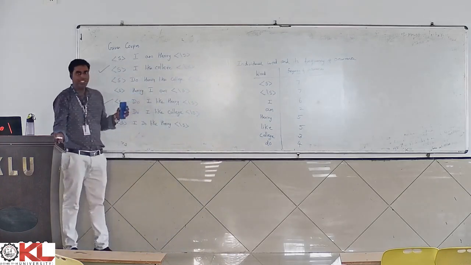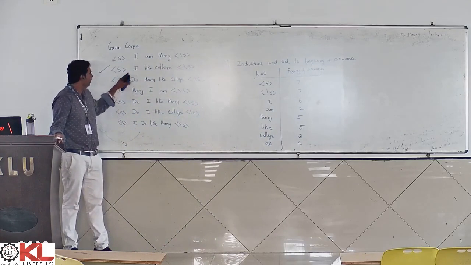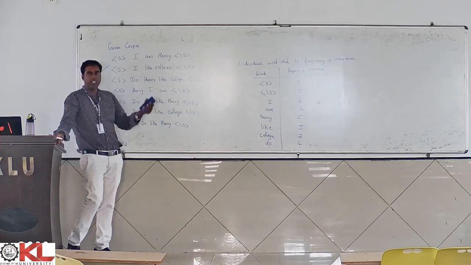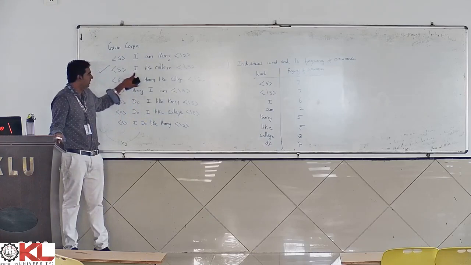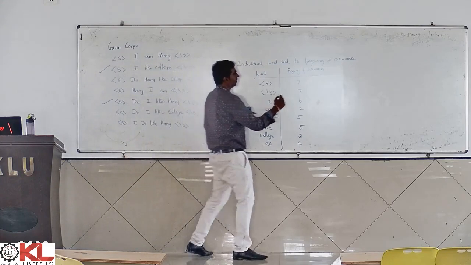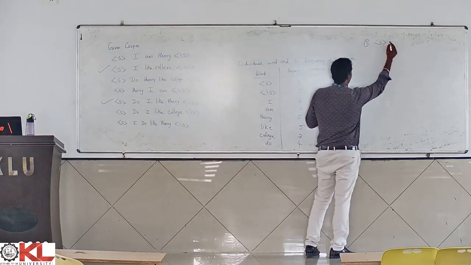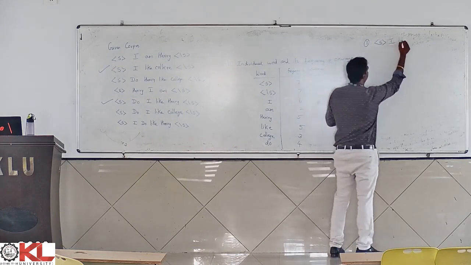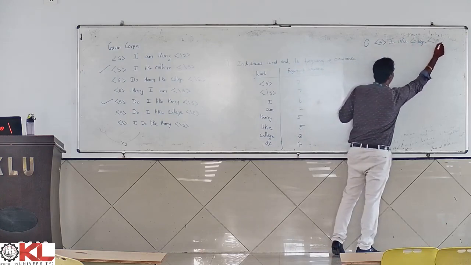So once again I repeat the question. We are going to find out, out of these 2 given sentences, which sentence has the highest probability of occurrence. I am taking the first sentence, which is the statement "I like college," with college at the end of the sentence.